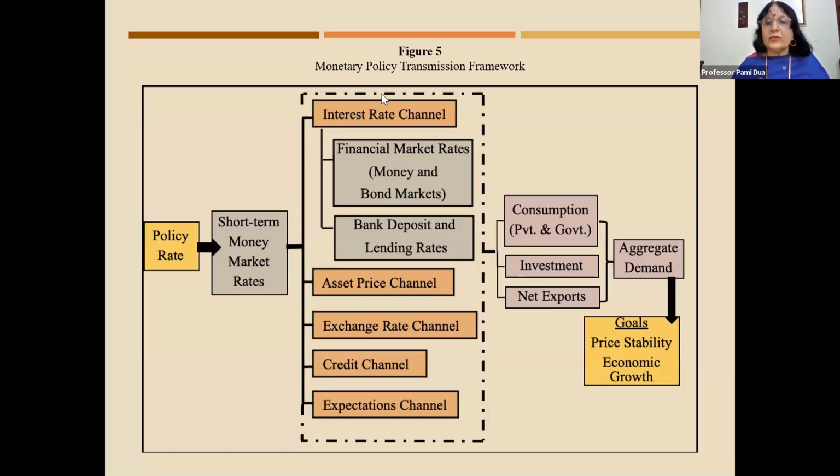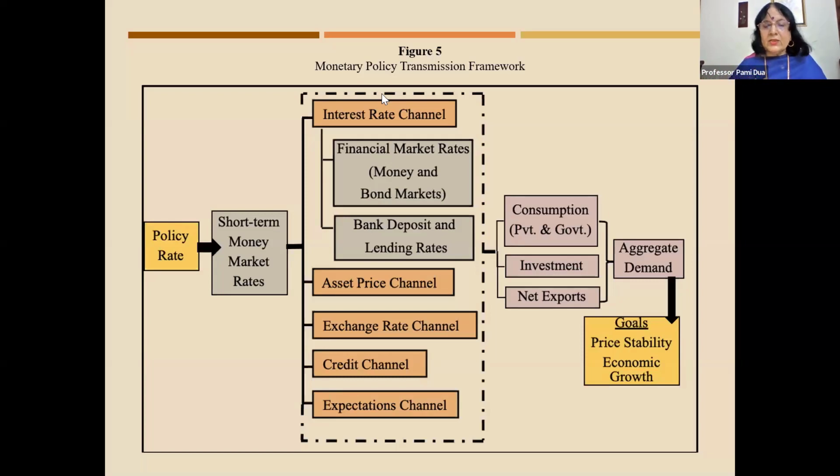So they may invest more in equities, they may invest more in housing. So demand for non-interest bearing assets will go up. So this would have something like a wealth effect, and the consumers would spend more. So that is the asset price channel. And also, if the price of equity goes up, firms may invest more. So consumption can go up, investment can go up.